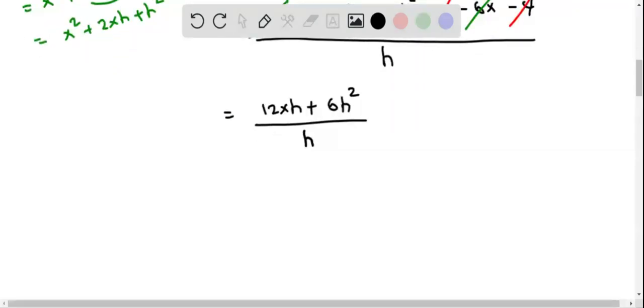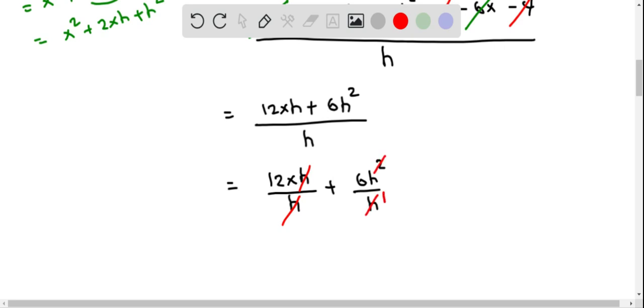Now we can write this as a sum of two fractions, that is 12xh divided by h plus 6h squared divided by h. We can cancel this h in the numerator with the h in the denominator. Also, for the next term, we have this power of 1 getting cancelled.